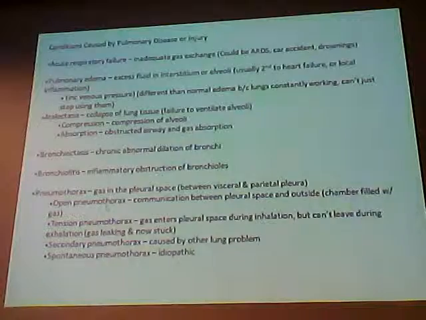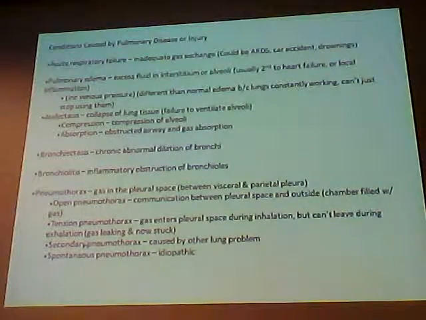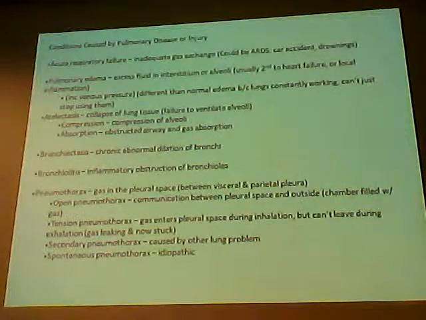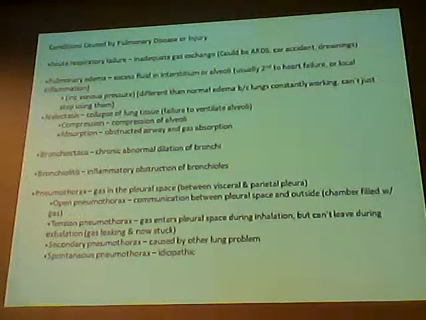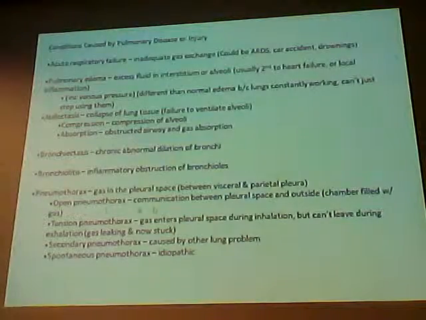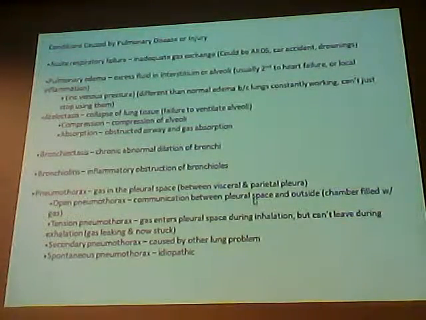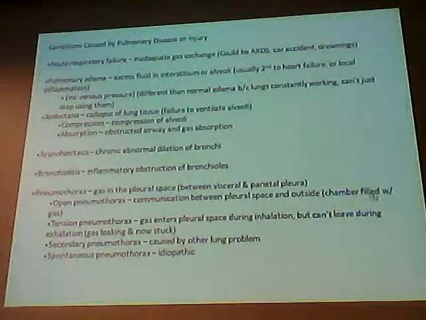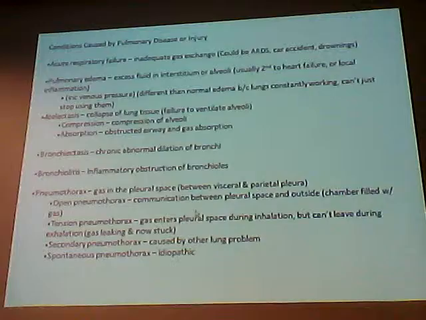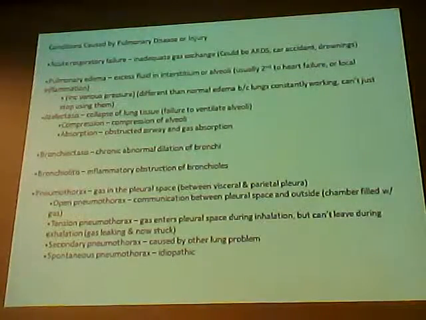For the different pneumothoraxes, I would keep that on my cheat sheet, or at least know the difference between open versus tension versus secondary versus spontaneous, because he might ask about that. So open pneumothorax, normally it's a chamber full of gas between the pleural space and outside, but if something punctures that area so that there is now gas exchange, then that's bad.